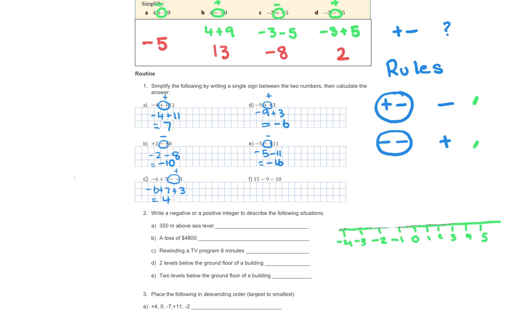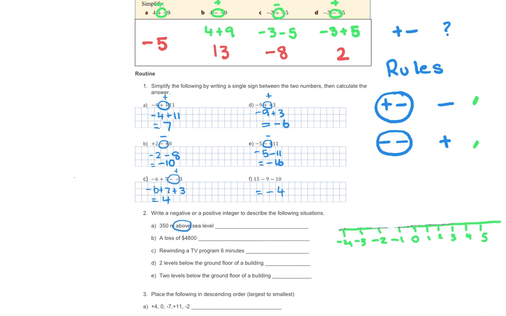Now this one has no signs. This is just adding. 15 minus 9 minus 10, which gives me -4. Excellent. Great work.